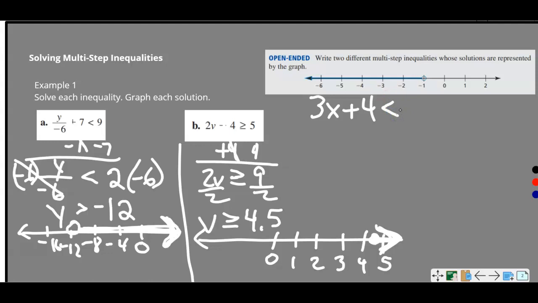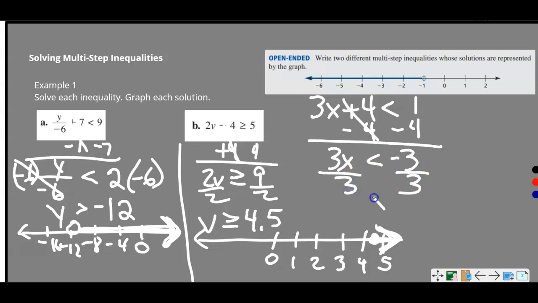But let's see what we need in this spot. So we're going to subtract 4 from both sides. So we're going to have 3x less than. To have a 3 here, we need to have a... well, if we put a 1 here, that gives us a -3. And then if we divide by 3, that does give us -1. See if that works.